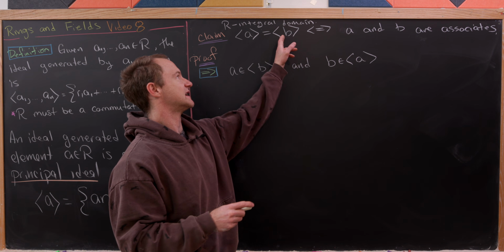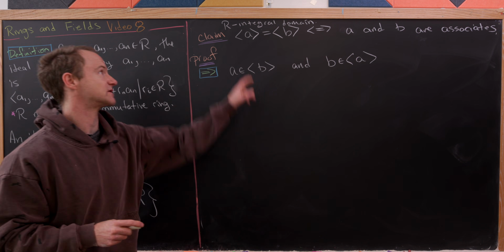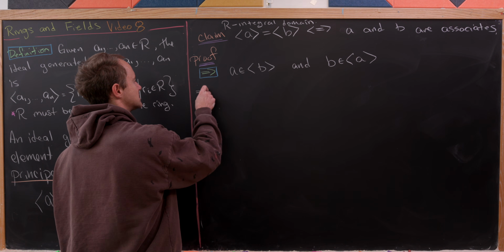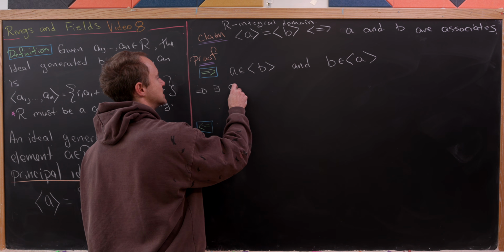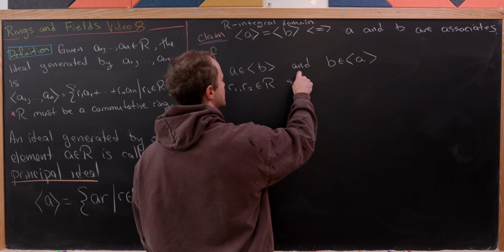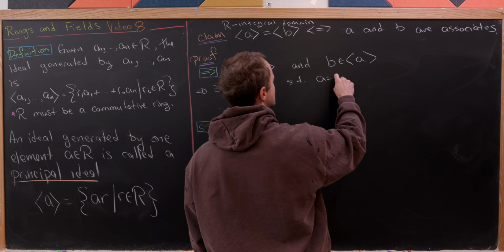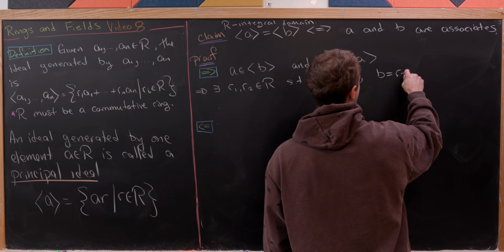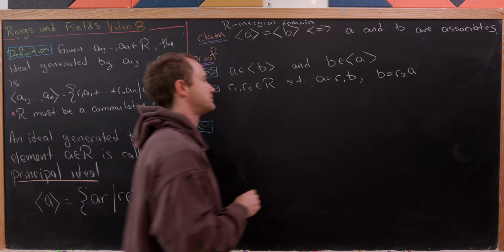And then B is in the ideal generated by itself, so that means B is also in this ideal over here. Okay, nice. But that tells us that there exist these ring elements R1 and R2 inside of the ring, such that A is equal to R1 times B, and B is equal to R2 times A.